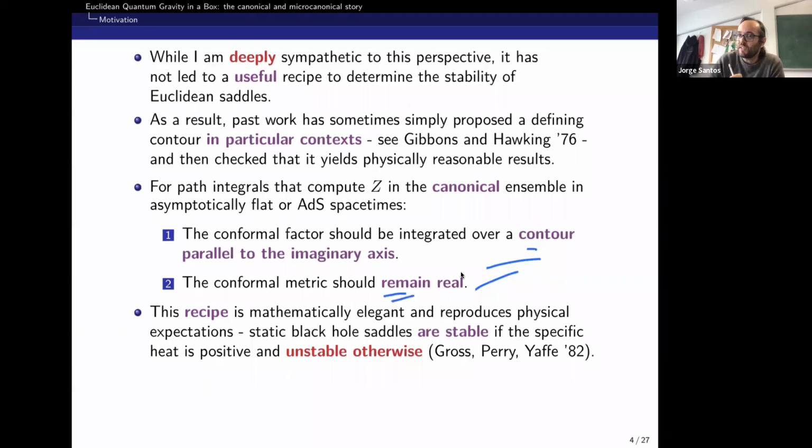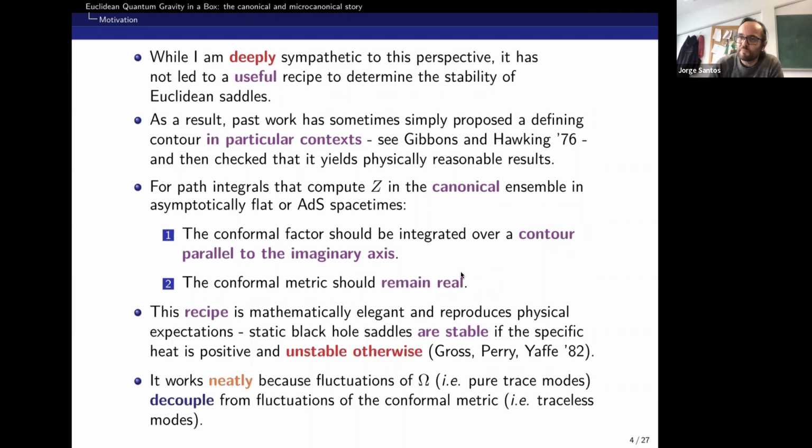What's even better is that you expect that negative mode to go away when you go to AdS. If your black hole is sufficiently large, then everything should be stable. And if you follow exactly this recipe, that's what you find. You find that the negative mode disappears exactly at the value where the specific heat becomes positive. So this recipe, though it's very ad hoc, seems to make sense.